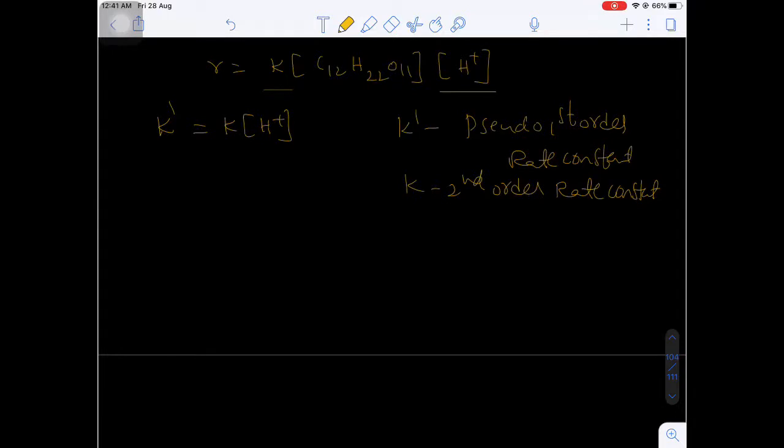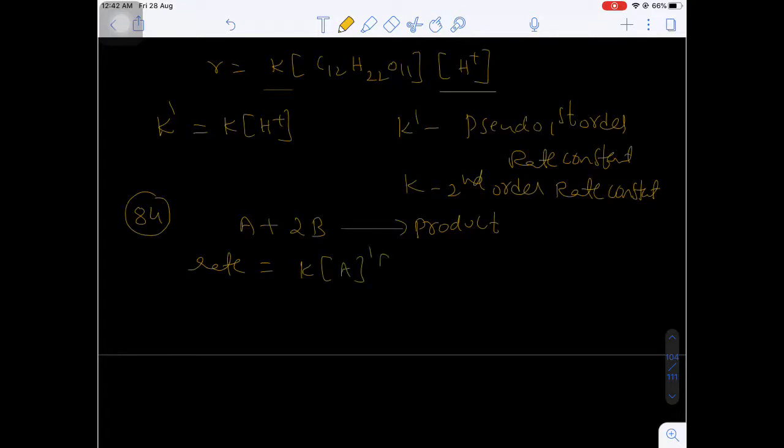Now here is one question, question number 84. Let's suppose I have A, B two reactants, writing the equation A plus 2B gives products. Now what is the rate expression given? The rate law is given as K into A to the power 1 and B to the power 1. That means this is expected to be a second order reaction.